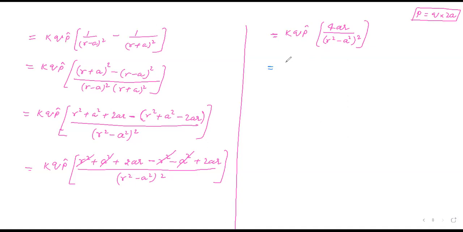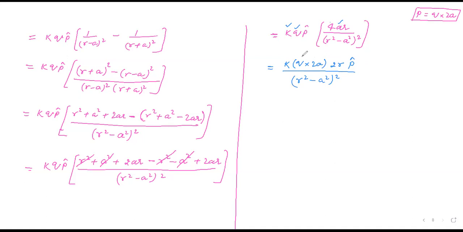We take K here, Q into 2A. We have completed Q, A and 2 here. And again we write here 2 into R unit vector of P over (R square minus A square) whole square.